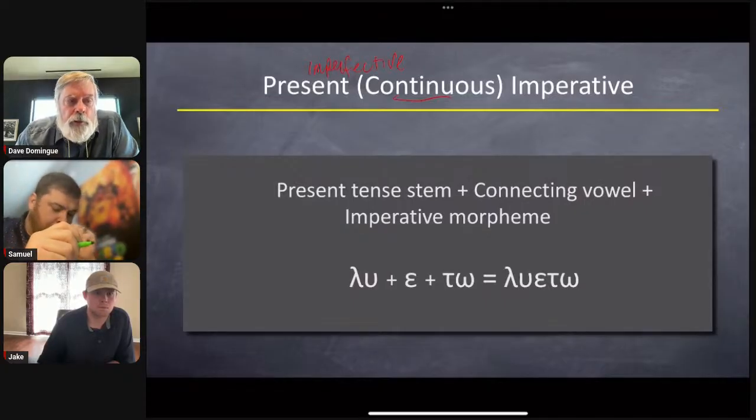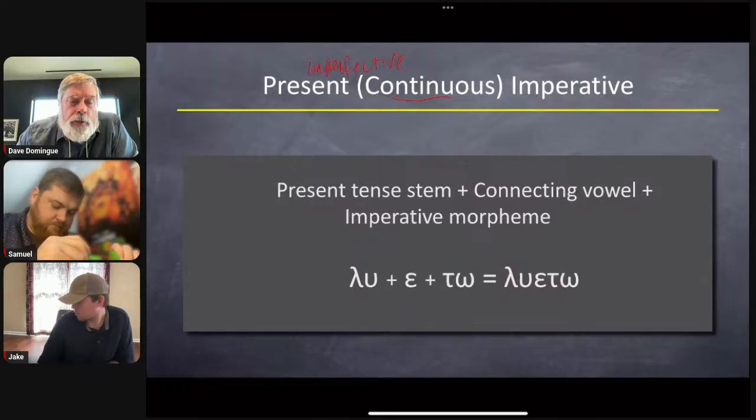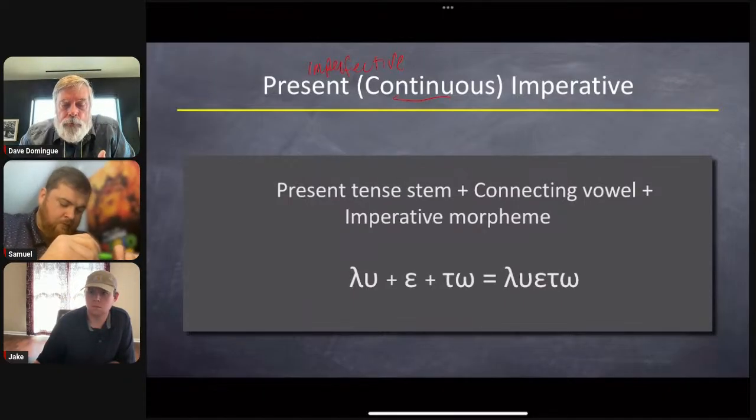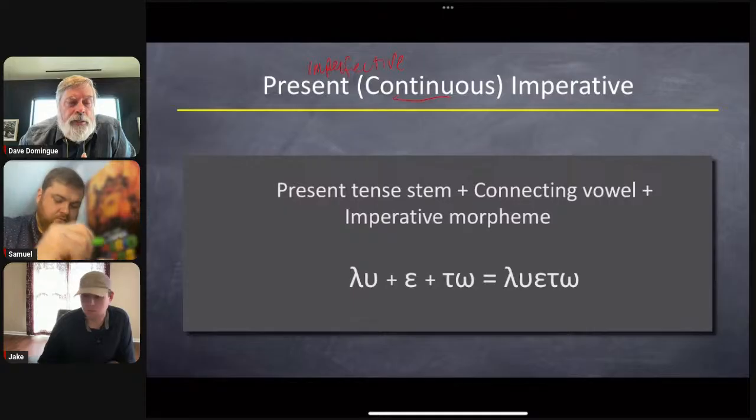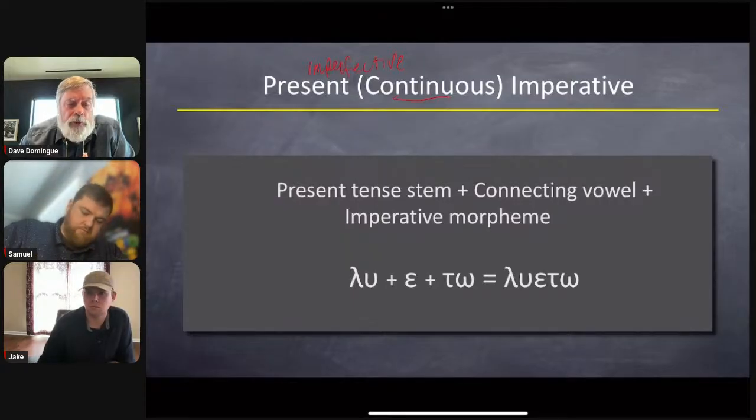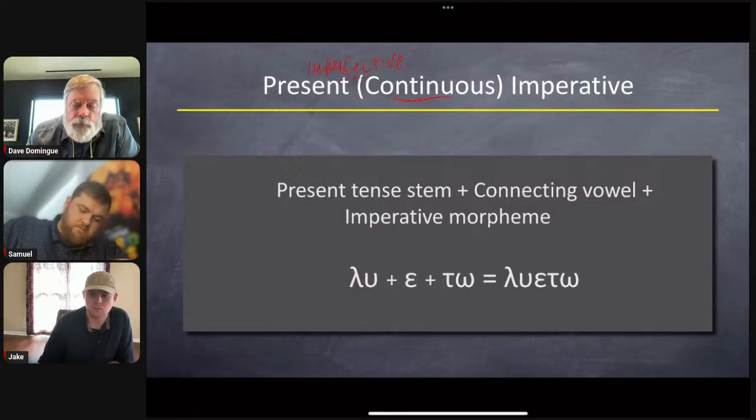Because remember, the moods called the oblique moods are not the indicative. The other moods, the subjunctive, the optative, the imperative, these are oblique moods, and in these moods, time is not a factor. The primary factor is the aspect. Aspect is going to be that imperfective, continuous, ongoing, iterative kind of process.